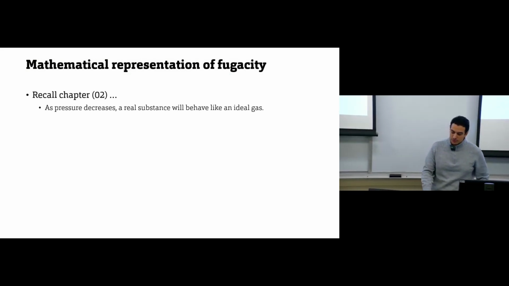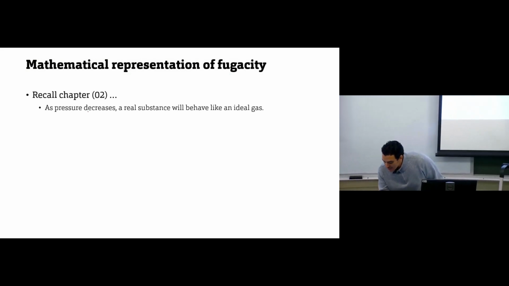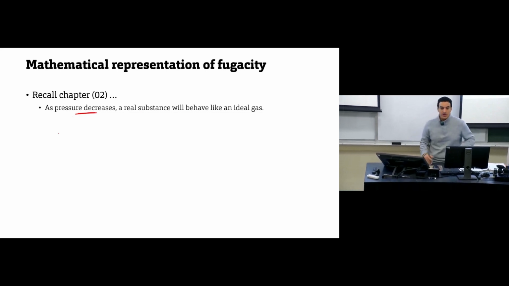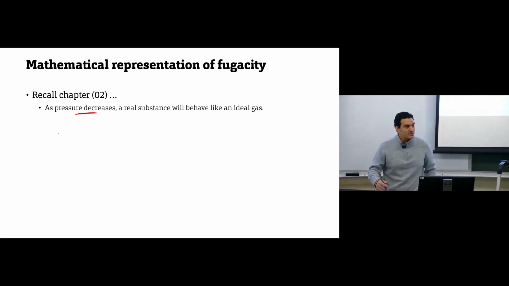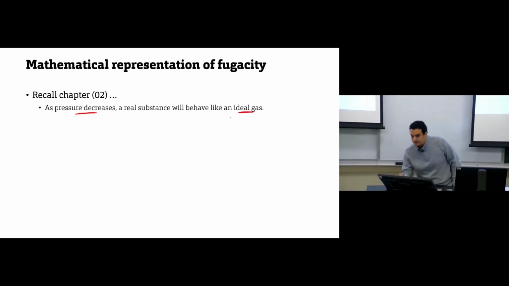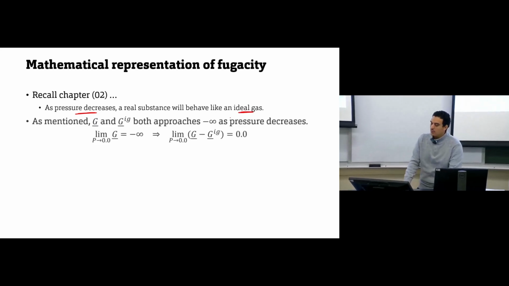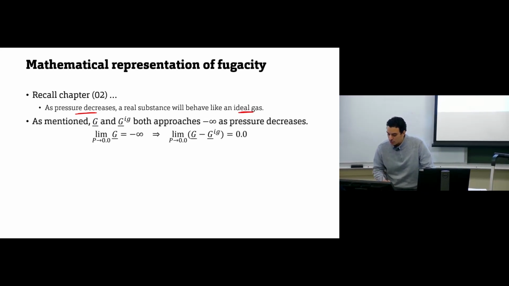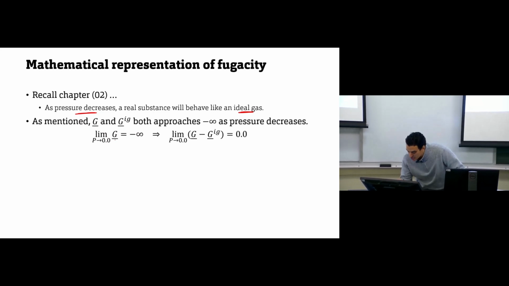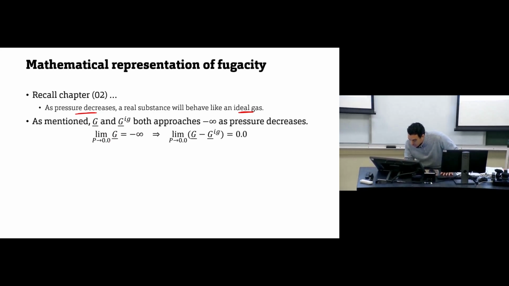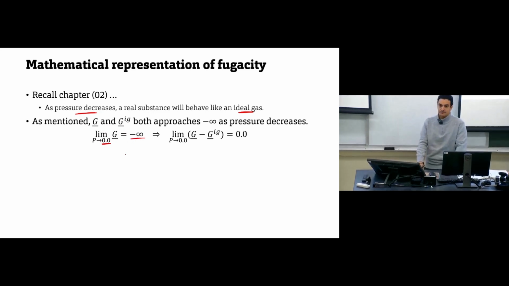If you remember from chapter 2, we said as pressure decreases, any real substance, especially gases, will behave as an ideal gas. This is one of the limitations of Gibbs free energy: the limit of the value of molar Gibbs free energy when pressure tends to zero can be negative infinity.